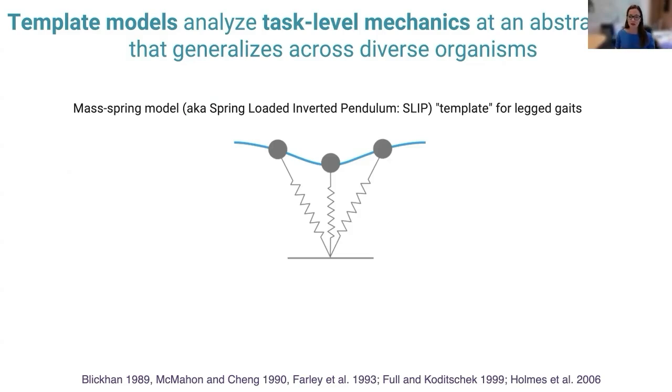And this has been used as a template model for legged gaits. And what's interesting about this model is that if you abstract the body as a point mass at the center of mass, and you abstract the legs as a single virtual leg that exerts force against the ground in proportion to its compression, so acting as a linear spring, you can simulate bouncing legged locomotion.